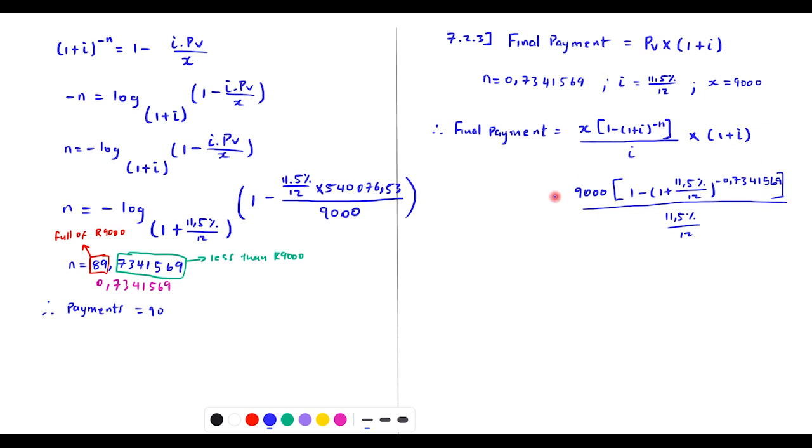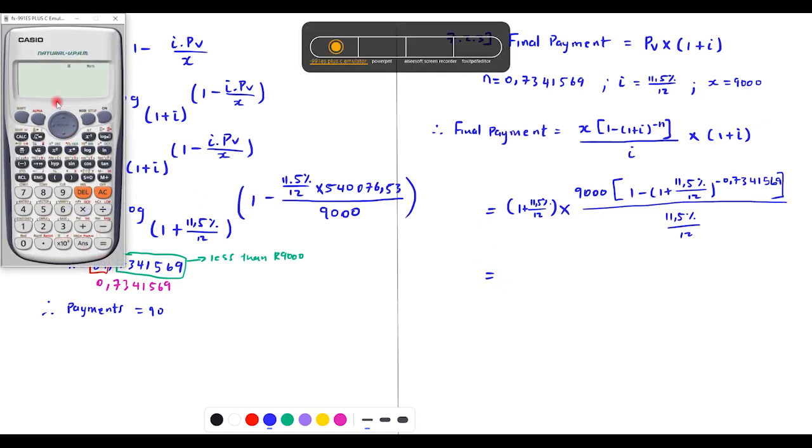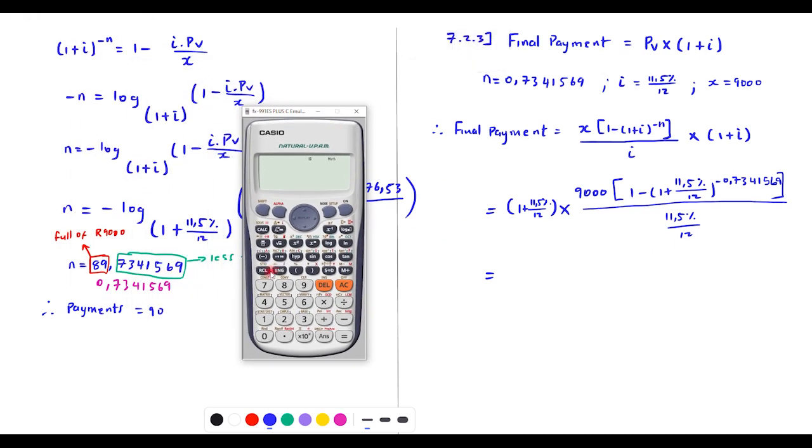It's the same thing, 1 plus 11.5% over 12. Yeah, it's the same thing, it's just that I didn't have space, right? If you want to see it to be the same thing, we can still calculate it as it is right here. I can still say 1 plus 11.5% over 12.